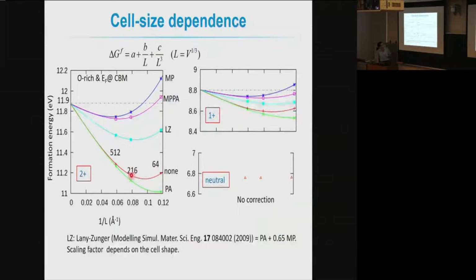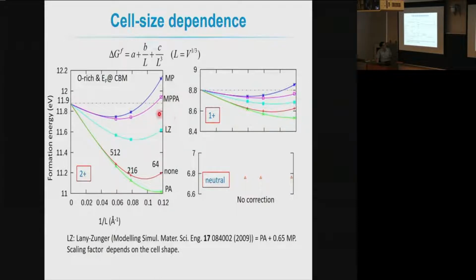On the other hand, you can actually correct this using the scheme that we have learned just before, like the Makov-Payne scheme and also the potential alignment. Then we have much less cell size dependence. Okay, and already for the 64 atom, we have the well-converged result, and at the worst, we have only 0.3 electron volts difference. All right, so this correction scheme works quite well.